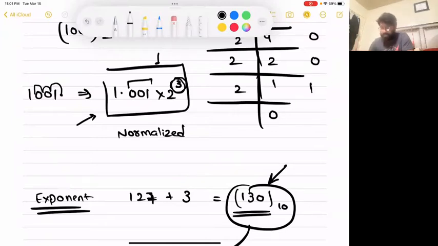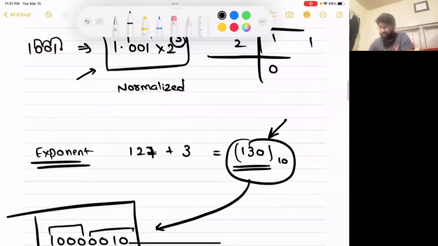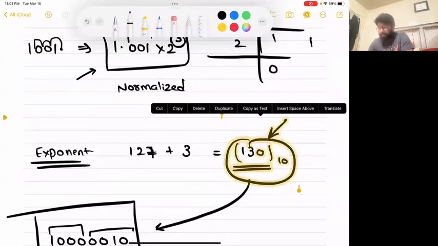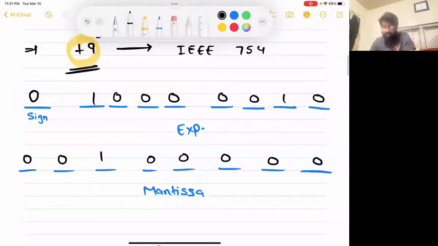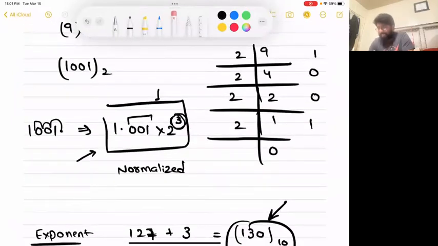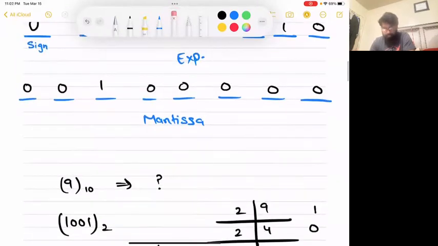In this case, it was 3, so 127 plus 3 gives us 130. We convert 130 into binary. That binary of the exponent plus 127 will be our exponent bits, and anything in the normalized form after the point will be our mantissa, which is this.